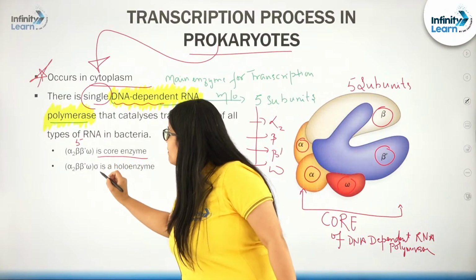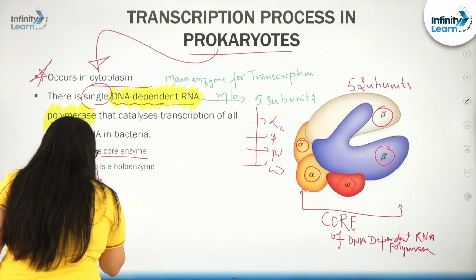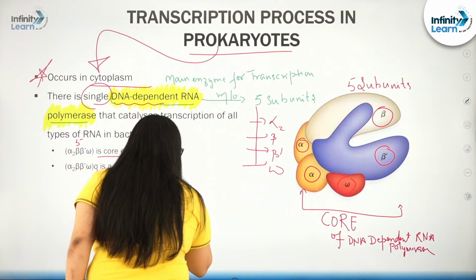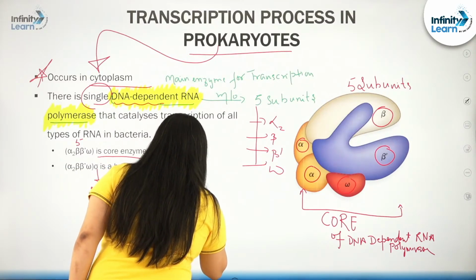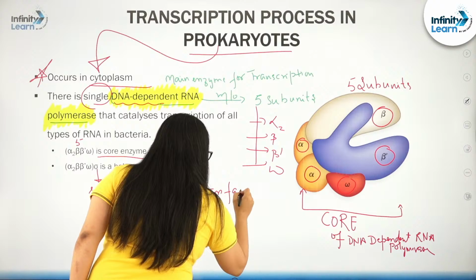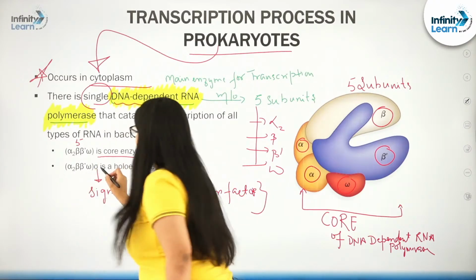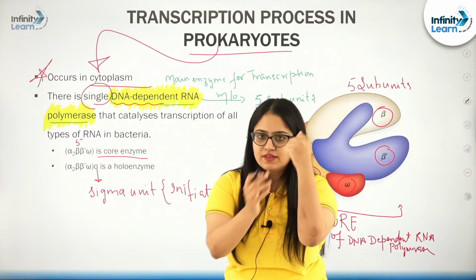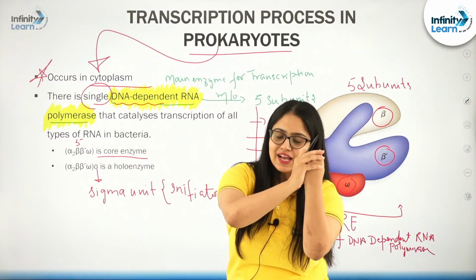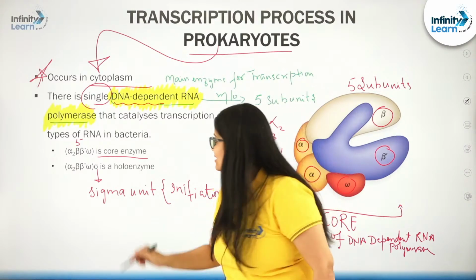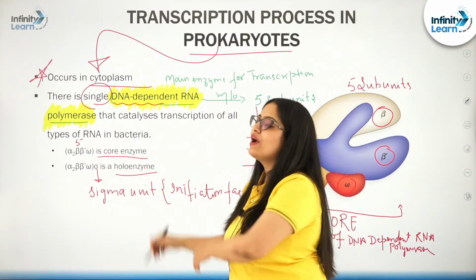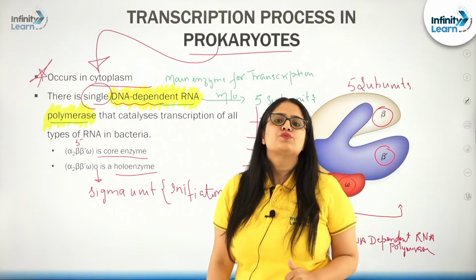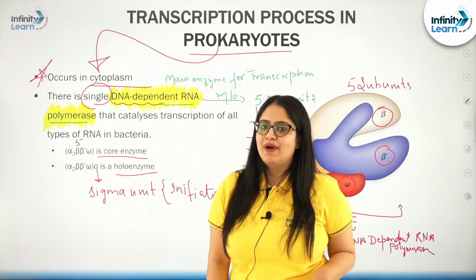And if this sigma unit, which is the initiation factor, is attached with the core of the RNA polymerase, now this complex is known as holoenzyme, and this holoenzyme is required to initiate or start this transcription process in a specified manner, right?